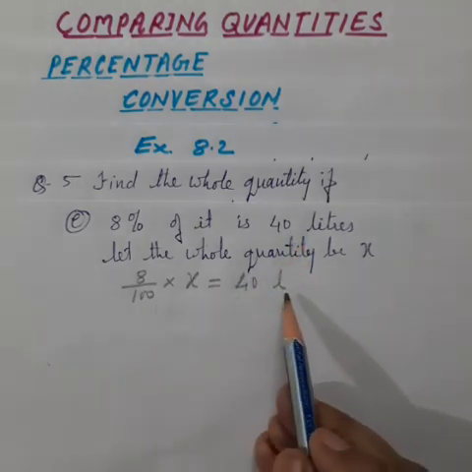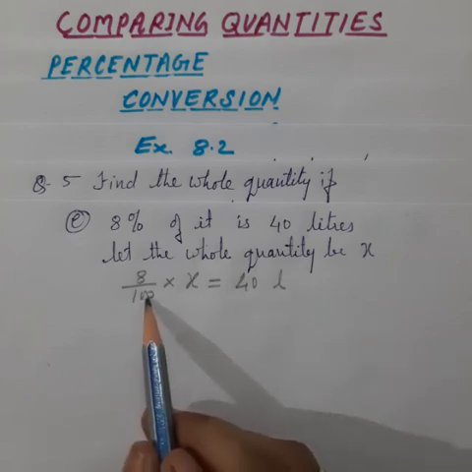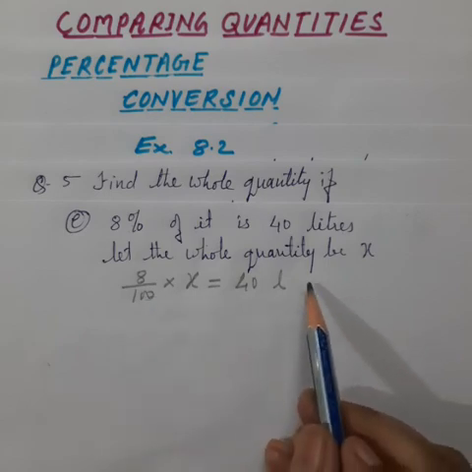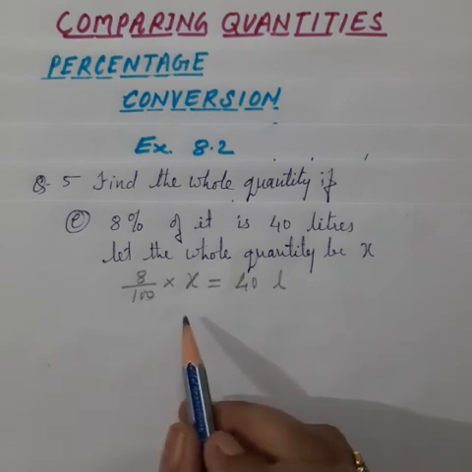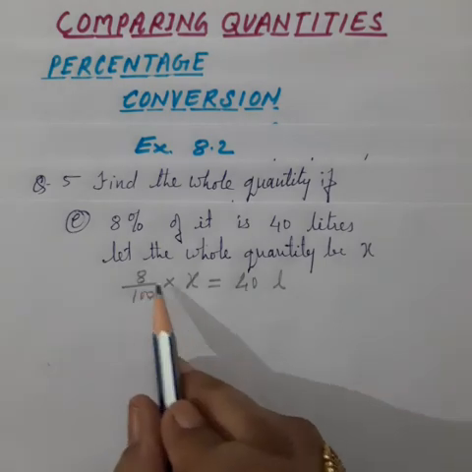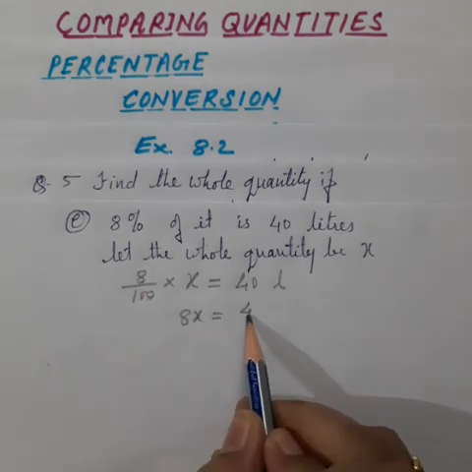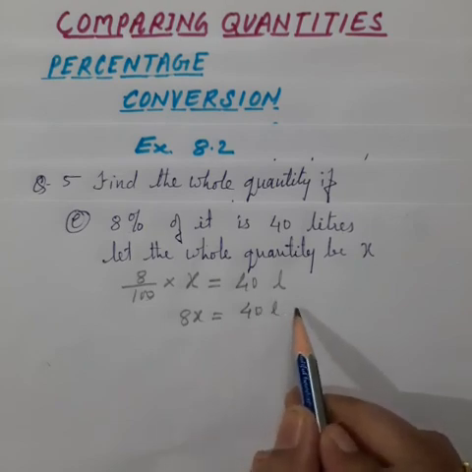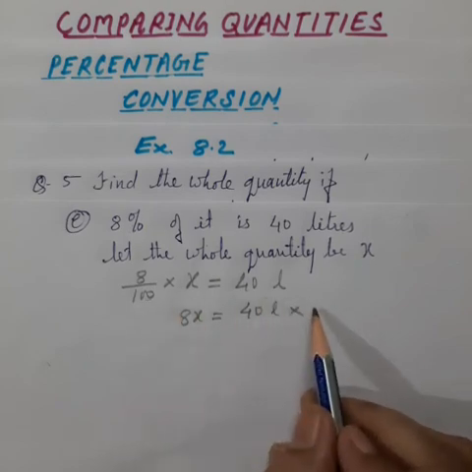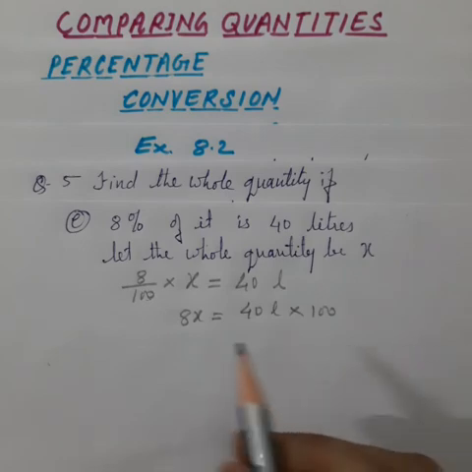Now we have to solve this equation. Remove this 100 from the denominator first. Here it is in denominator in division. Change the side, it will go in numerator on other side. So 8 into x, 8x equal to 40 liters into this 100 here in multiplication.